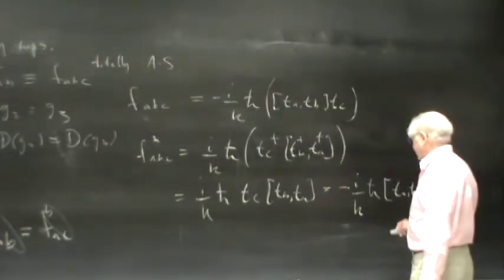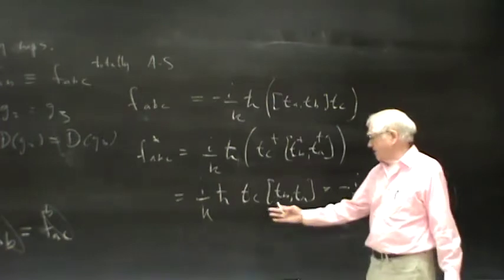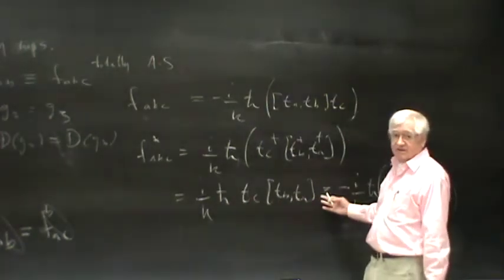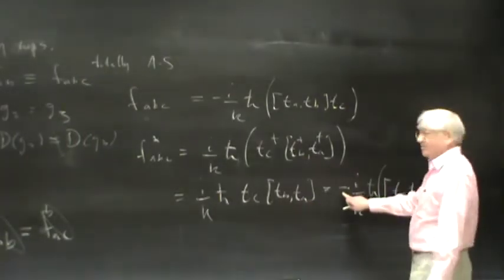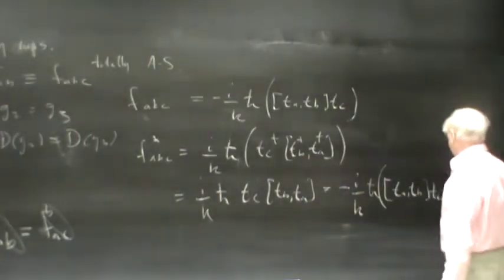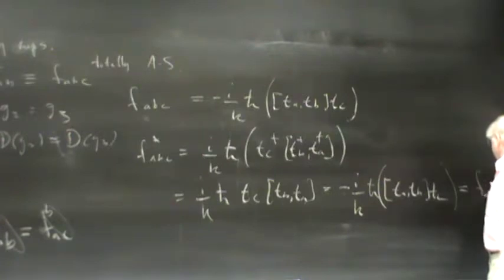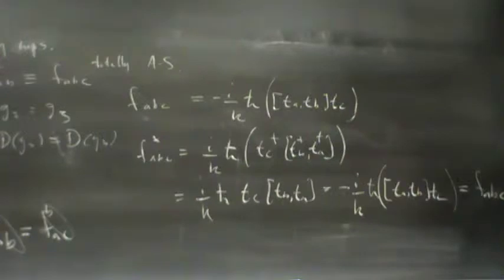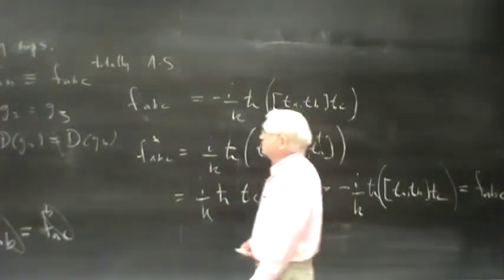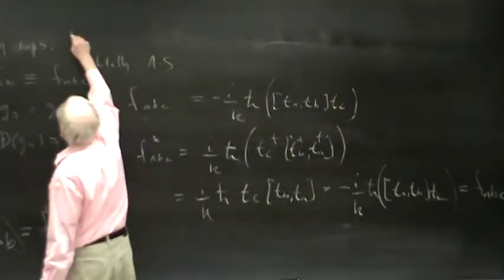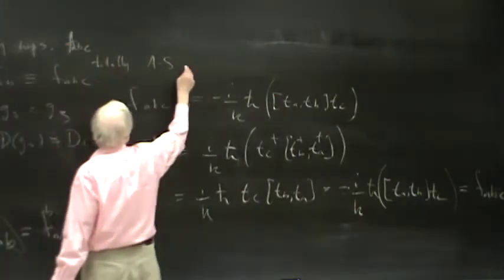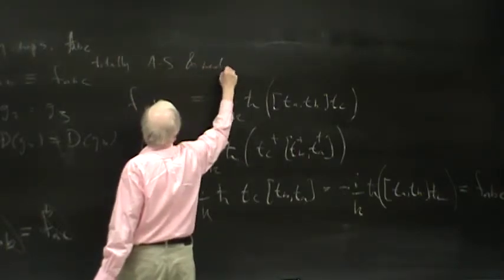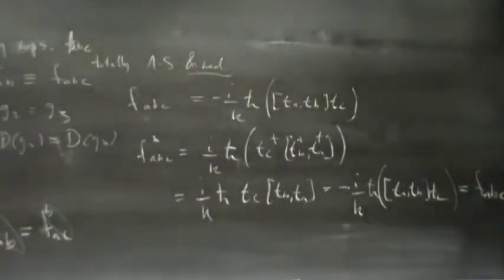I've done a double flip here. Namely, you can move this to the end, no problem, and you interchange those two, and you get a minus sign. But this is what we've seen was f_ABC. So all the structure constants are real. So for unitary reps, f_ABC is totally antisymmetric and real. So that's very nice.